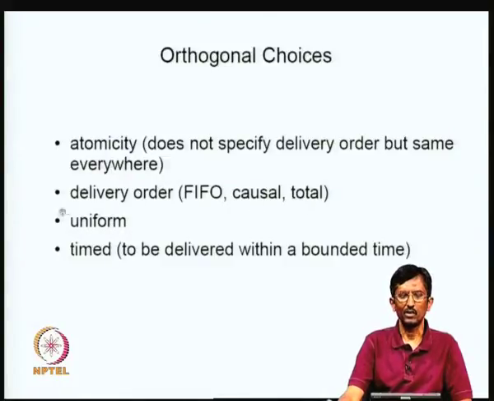Okay. It can be uniform or not uniform. Basically, you are deciding whether you are concerned about processes that fail or not, basically about correct processes or not correct processes.